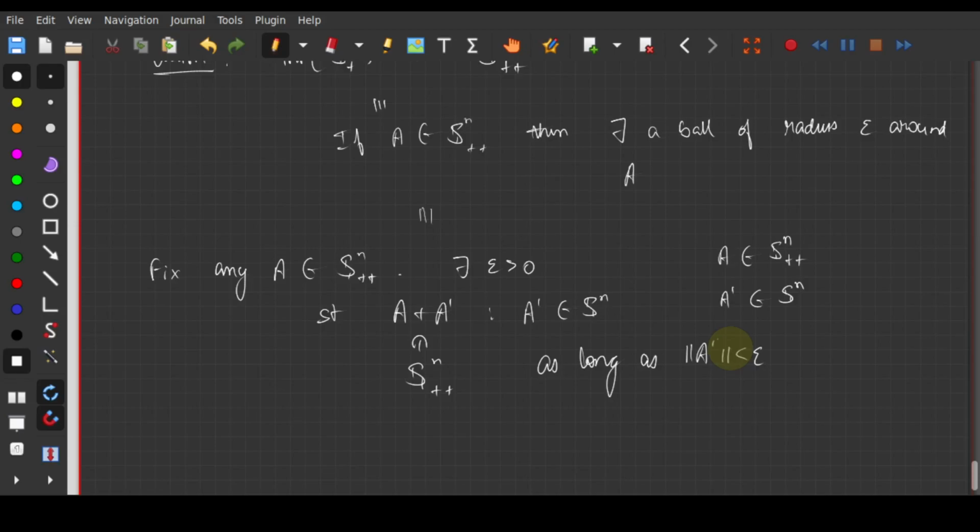Think of these as points in some space; it doesn't matter what that space is. You pick a particular point A and look at the set of all points A plus A prime, where A prime has norm less than or equal to epsilon. What is that set?